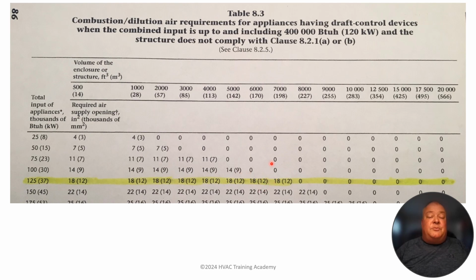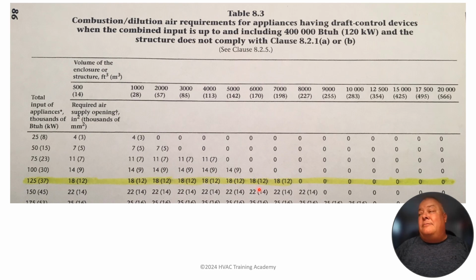So what your option would be is to go back outside. And this number here would indicate how big our opening would have to be if we went back outside. Curiously, that 18-inch square opening is the same as the tight table that we first did with appliances with draft control devices. So that opening would still have to be 18 inches square to the outdoors.